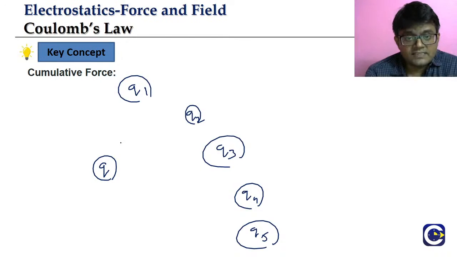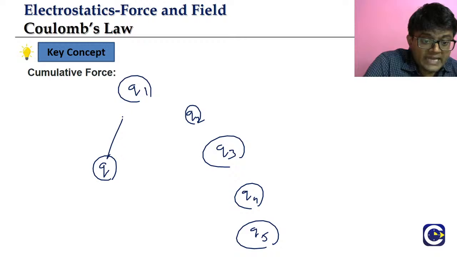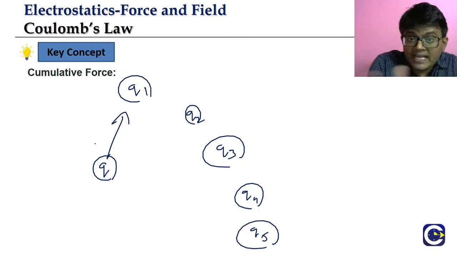There are a lot of differences, but one important difference is that gravitational force is always attractive. In the earlier situation, every mass, m1 or m2 or m3 or m4, is attracting m. But here that will not be the case. q1 may attract q if they are unlike charges.